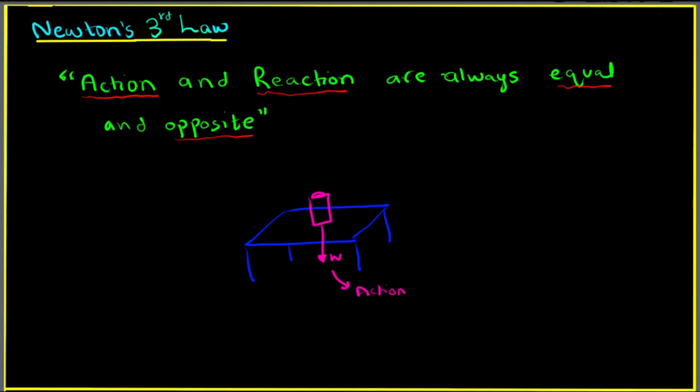And let's discuss what a reaction is. A reaction would be an equal and opposite force that is provided by the table, in the opposite direction, right? In this case, we have discussed what a normal force is. The normal contact force by the table provides an equal reaction to the action that we provided to the table. So the normal contact force is the reaction in this case. You are exerting some force on the table, and the table in return exerts an equal amount of force on the glass.